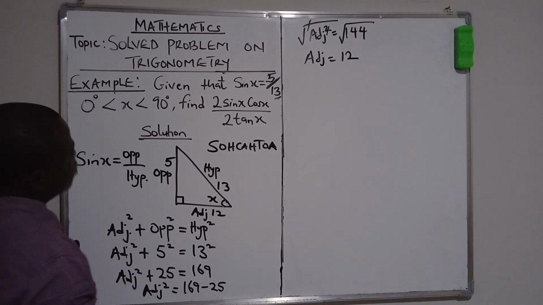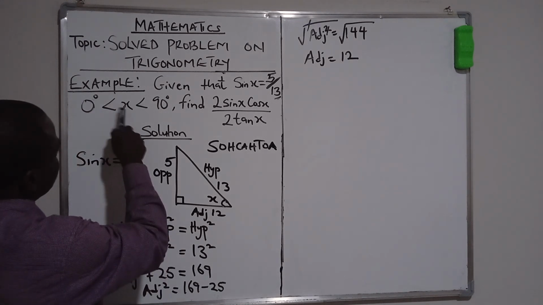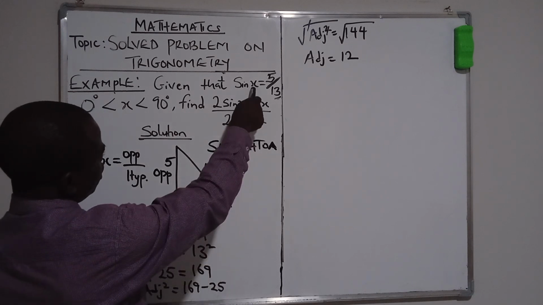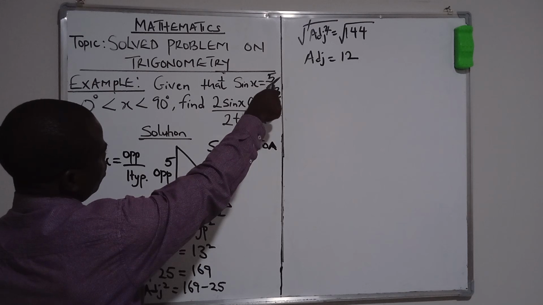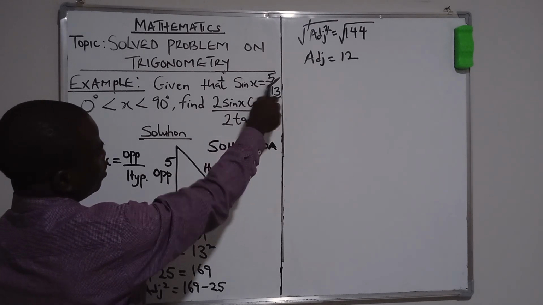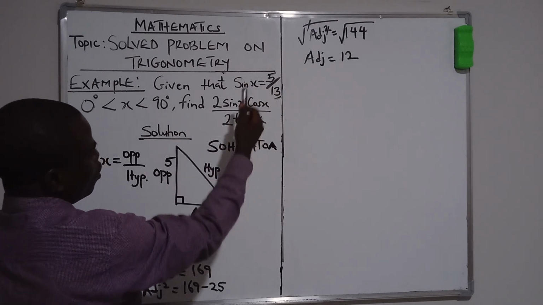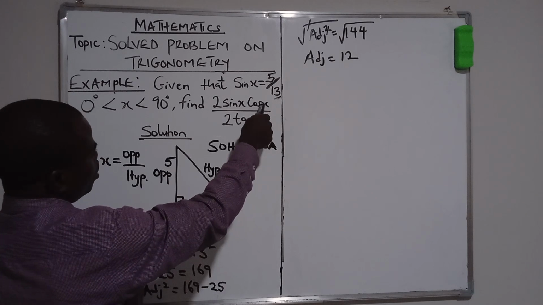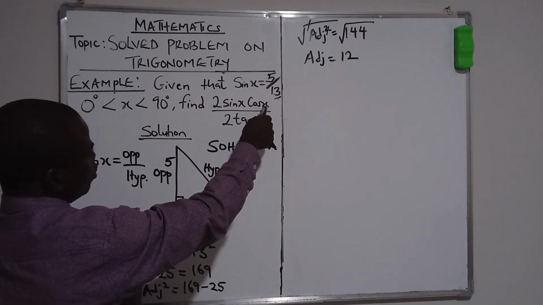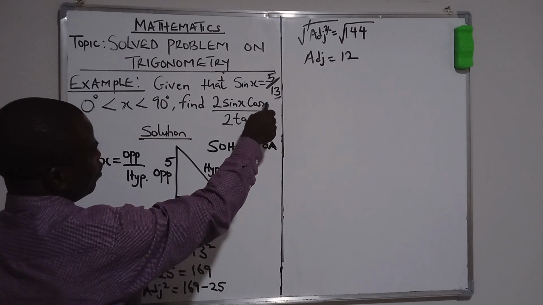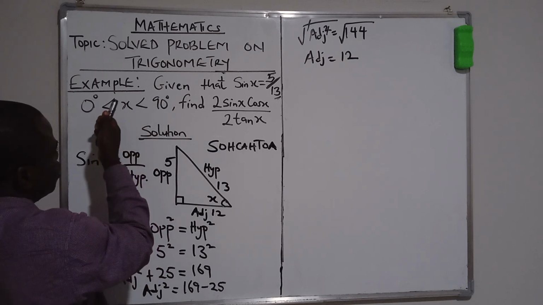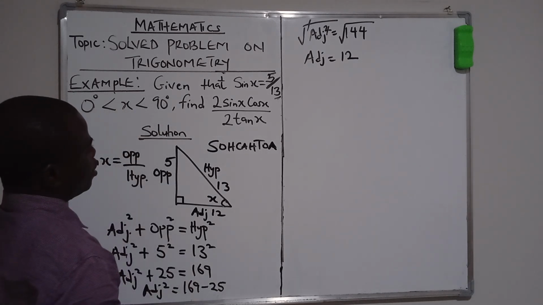Now let's see. We said x is greater than 0 degree and less than 90 degree. That means that when you find the sine inverse of 5/13, or the cos inverse of whatever you have, you find the angle x, and the angle must be between 0 and 90 degree. That's what they are saying.